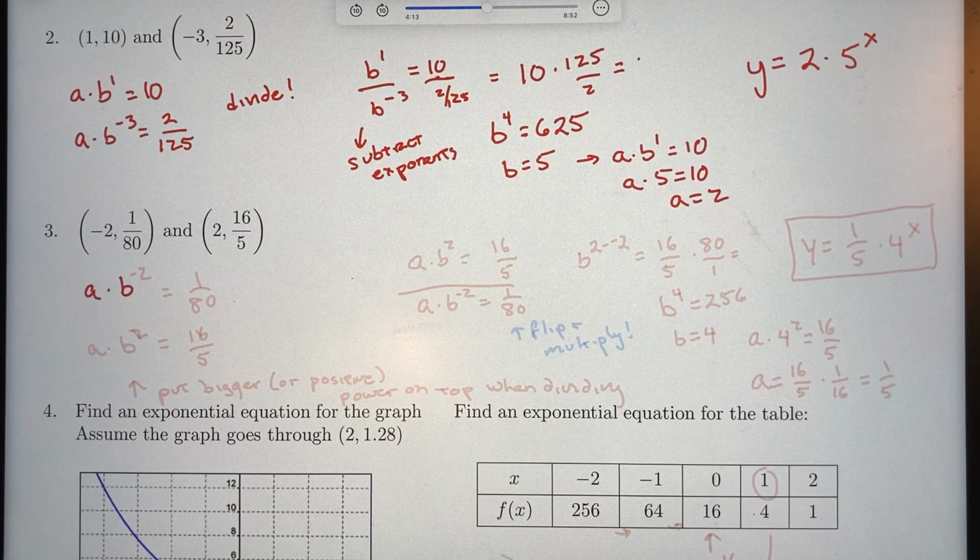All right, let's take a look at this one. A times b to the negative 2 is 1 over 80. And a times b to the positive 2 is 16/5. My suggestion is put the bigger power of b on top.